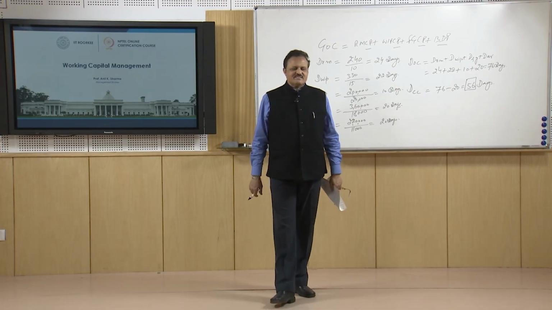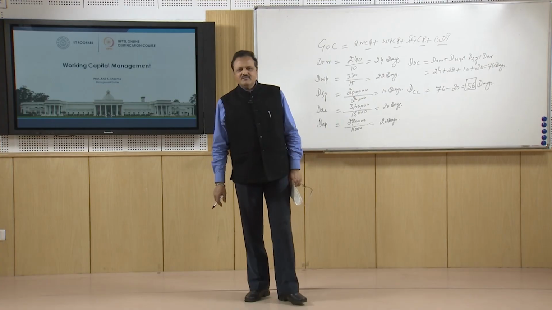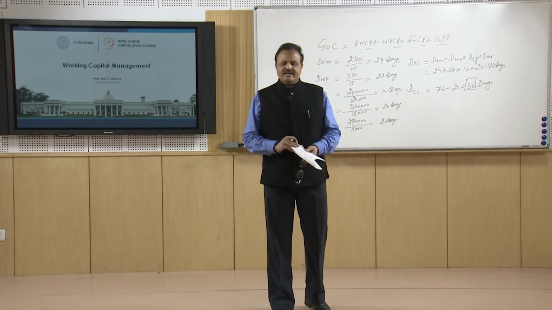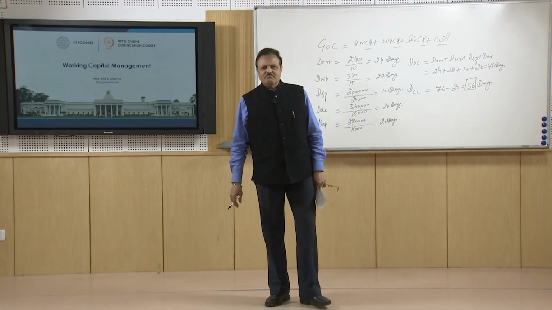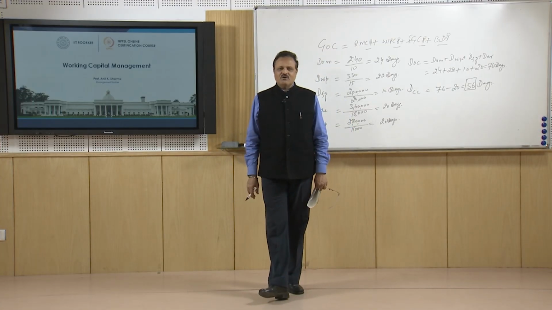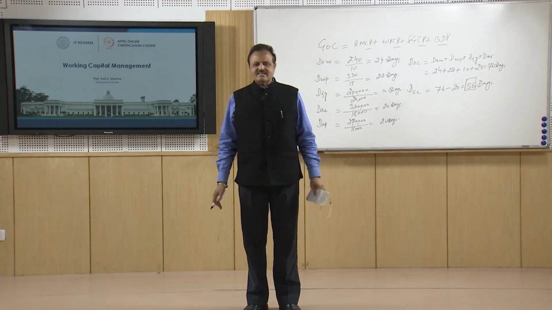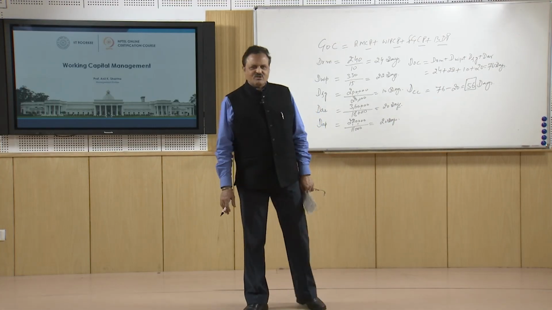So some people say that we should calculate the duration of the operating cycle by taking into consideration the importance of different stages. Raw material requires the biggest amount of investment.